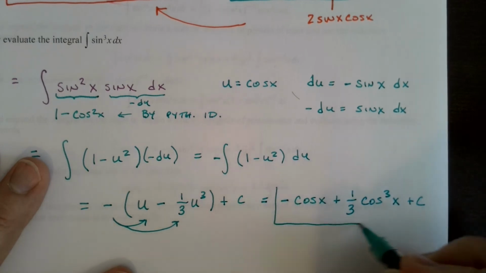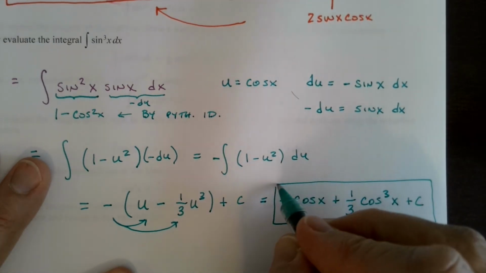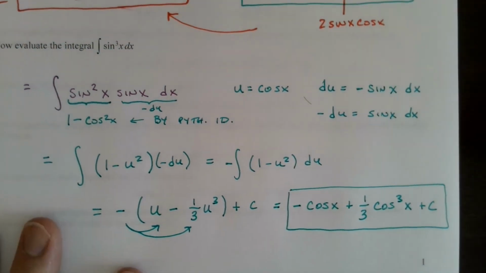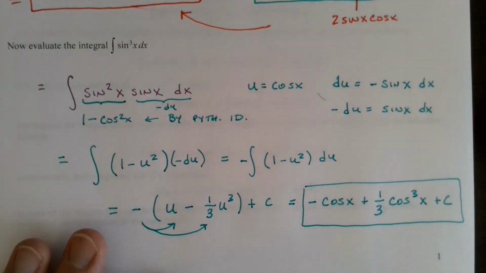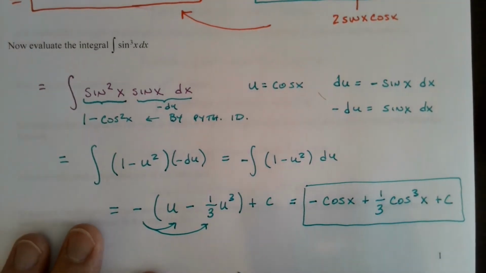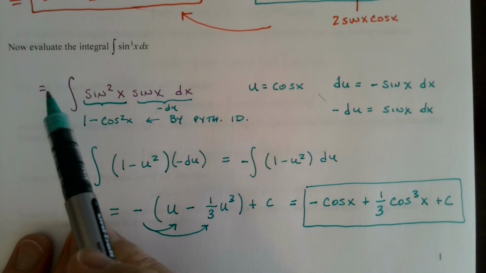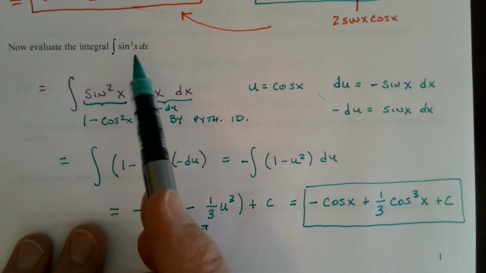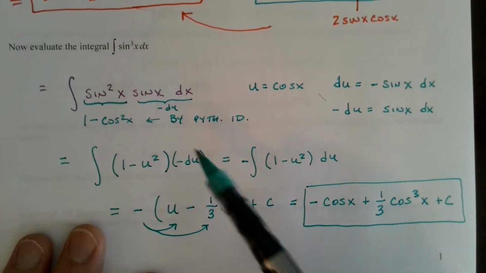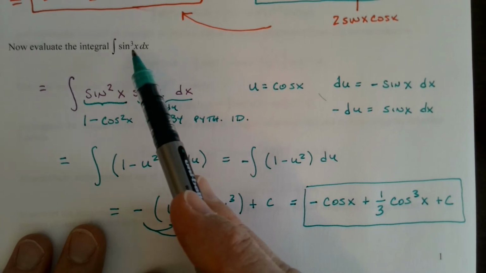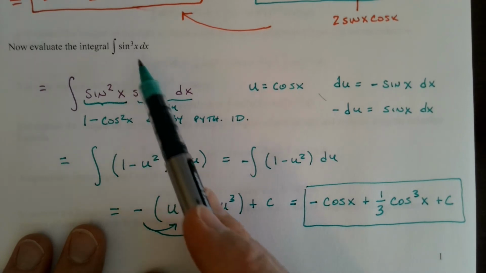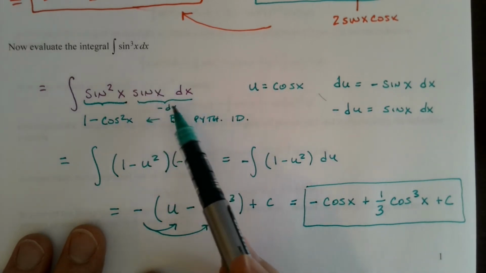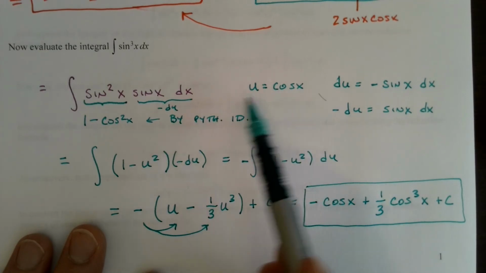And there is our antiderivative. But this is the technique we're going to use when we're finding integrals involving products of sine and cosine. We're going to peel off, if there's an odd power of sine, we can peel off one of the sines, and that becomes our du with our u equal to cosine x.